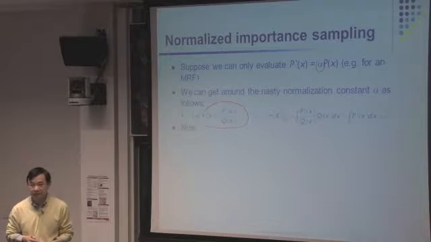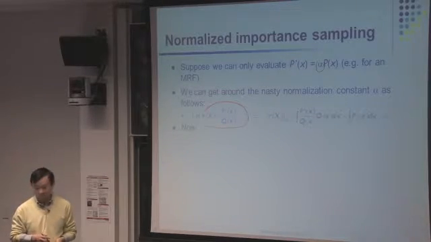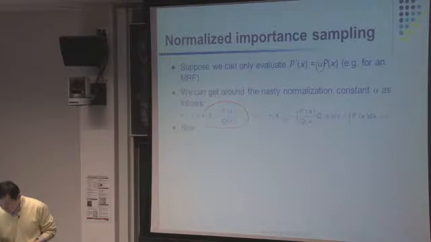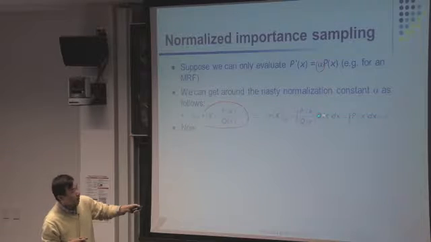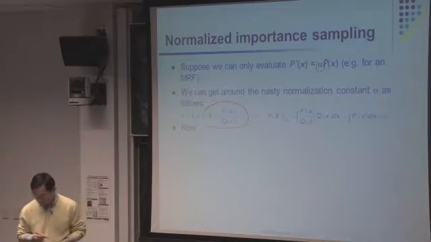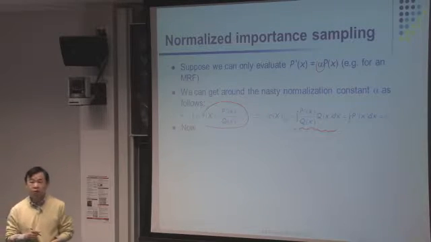For example, let's study the expectation of this R under the proposal distribution. So we plug this in and take the integral, and this one we know how to calculate, right?